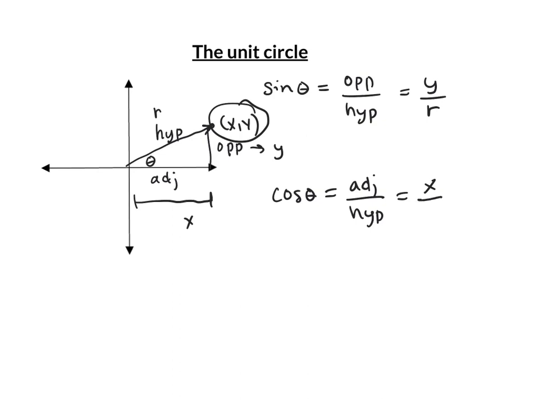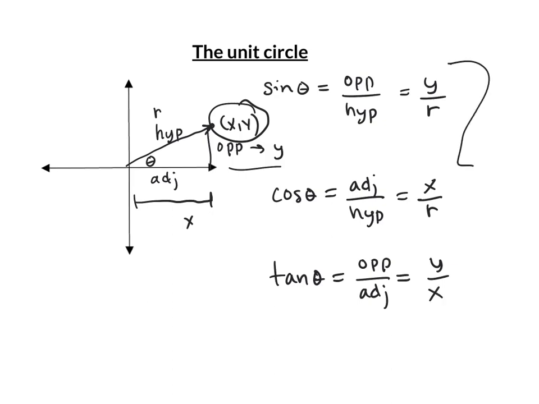R is the hypotenuse, x over r. And the tangent of theta, tangent is opposite over adjacent, and opposite is the y, right there, and adjacent is the x.